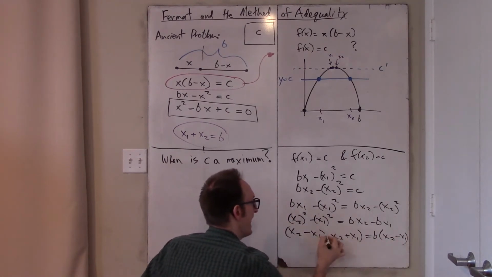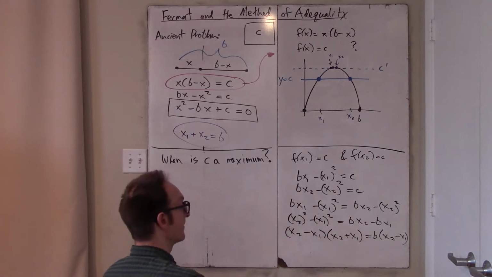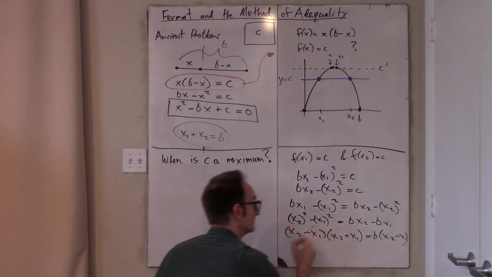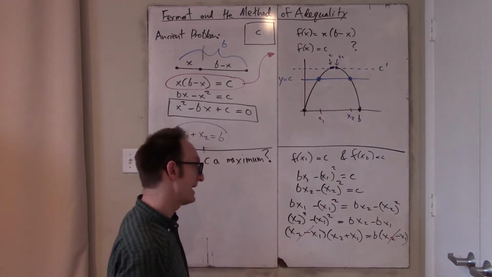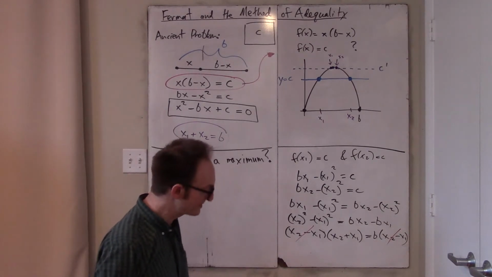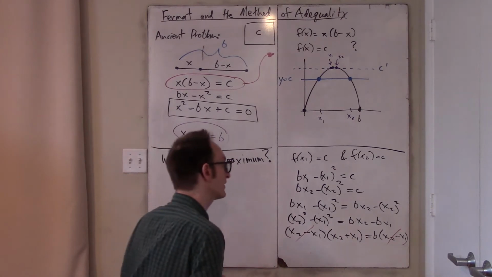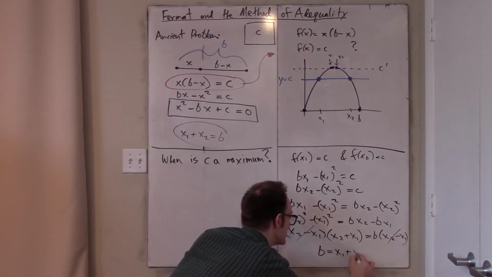And now I can just divide by x2 minus x1. Let's dwell on that for a second, because that's a key step. But it's algebra, so maybe it's better if you don't think about it. What do we find? We find that b is x1 plus x2.